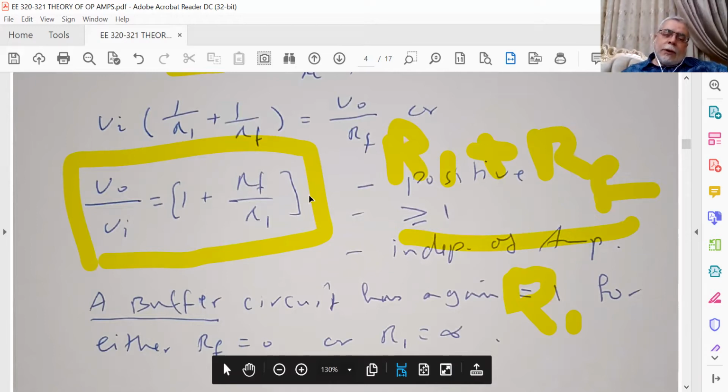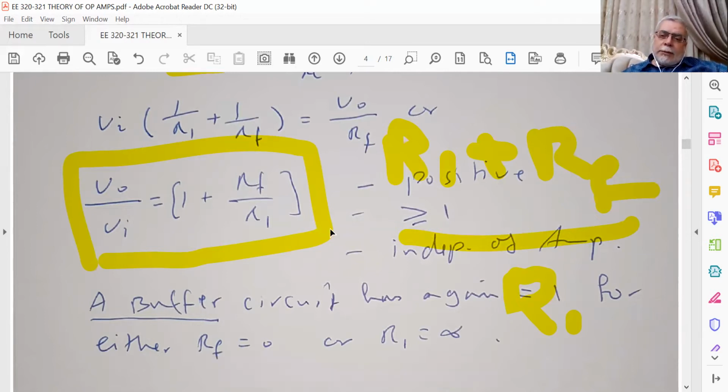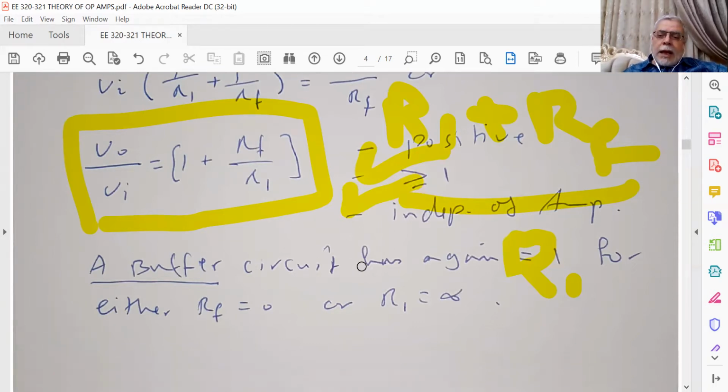This is the voltage gain of a non-inverting mode amplifier. Remark that it is positive. Second, it is always greater than or equal to 1. The minimum value is 1. And it is independent of the amplifier.